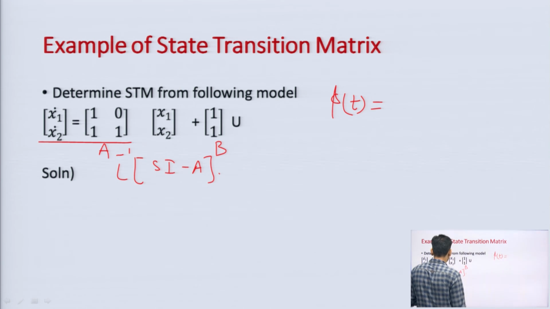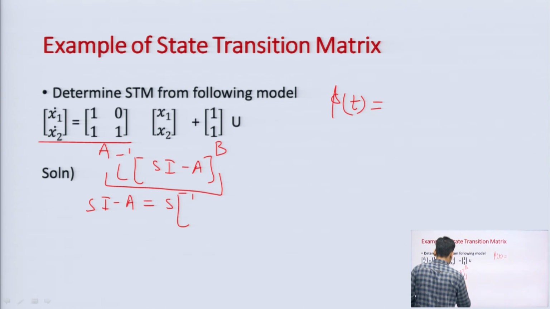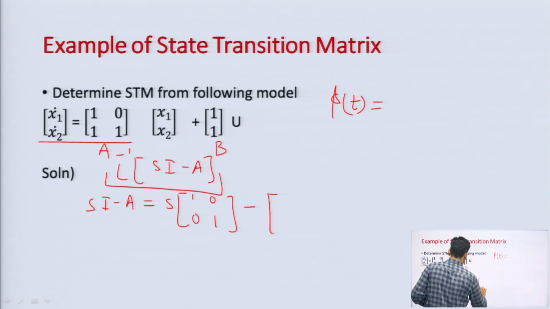If I assume it to be 1, this will be my aim. The A matrix is given, so I need to calculate sI - A, it would be given by s times the matrix [1 0; 0 1] minus the A matrix [1 0; 1 1].